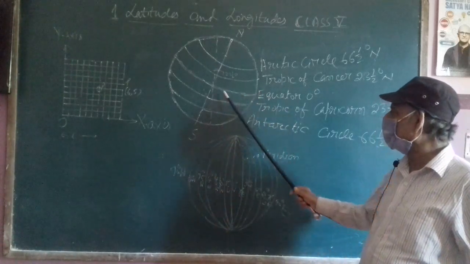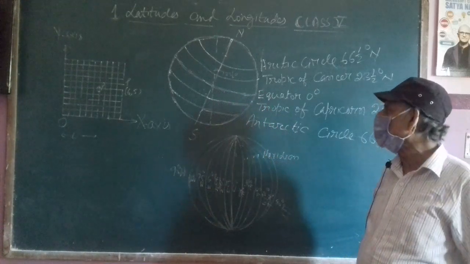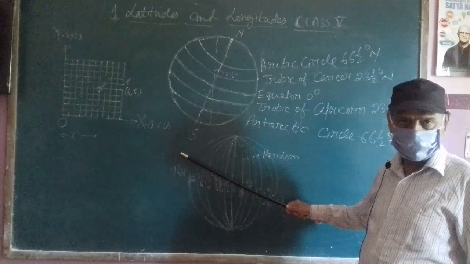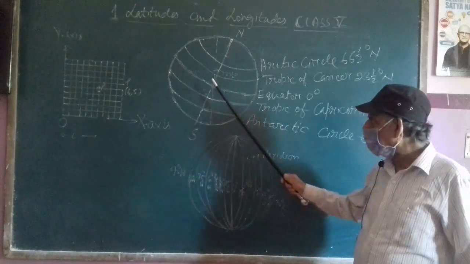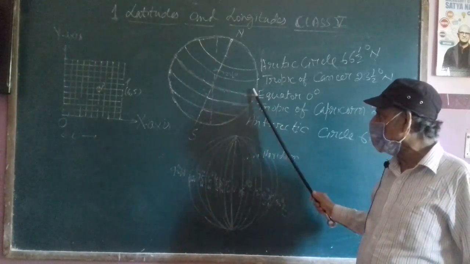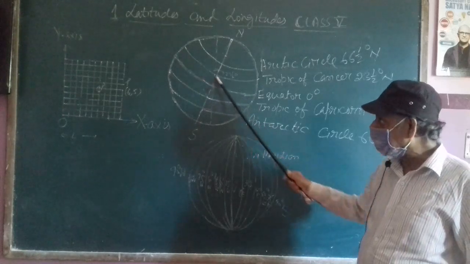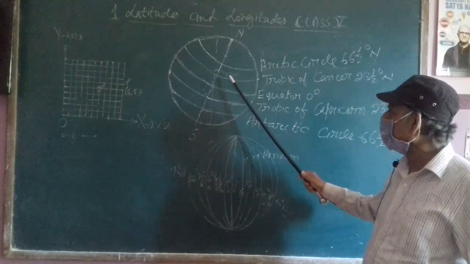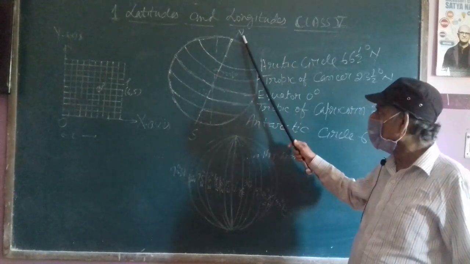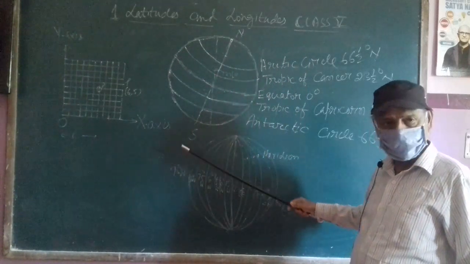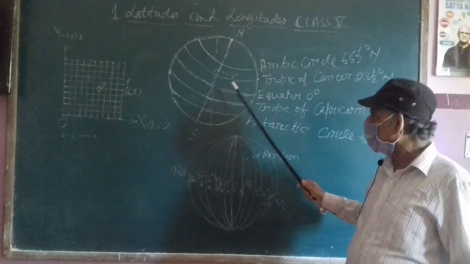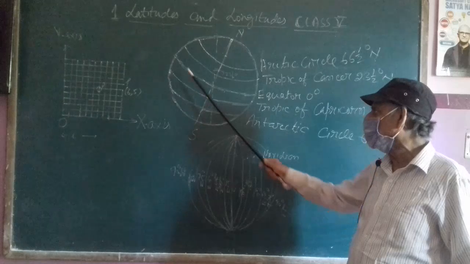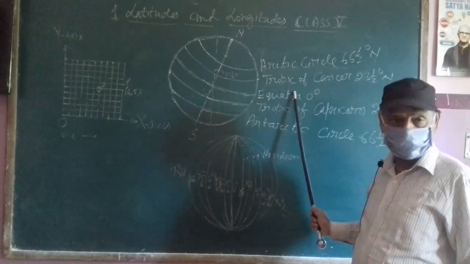There are 90 lines which are parallel to equator in the northern hemisphere, 90 in the southern hemisphere, and equator is at 0 degree latitude.